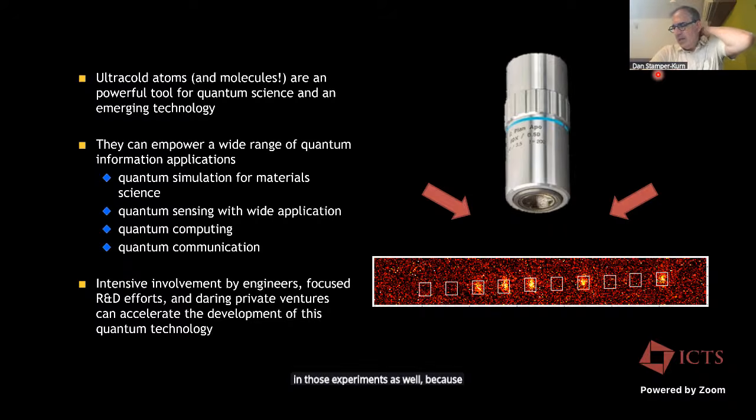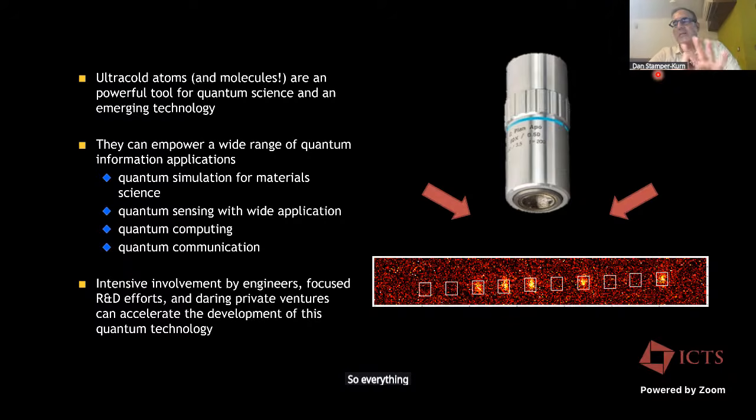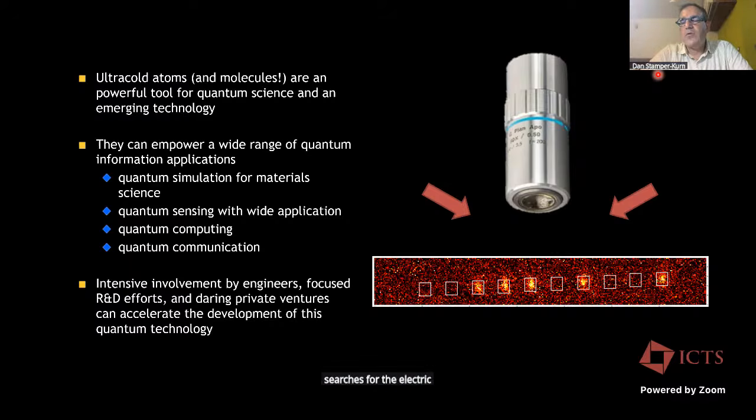Because EDM, or electric dipole moment, measurements are kind of like magnetometry. You try to measure something like an effective magnetic field that's actually created by the fact that you apply a large electric field. So everything we just talked about, how magnetometers operate, is exactly how searches for the electric dipole moment operate.